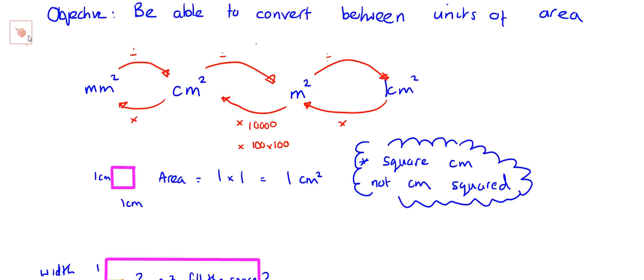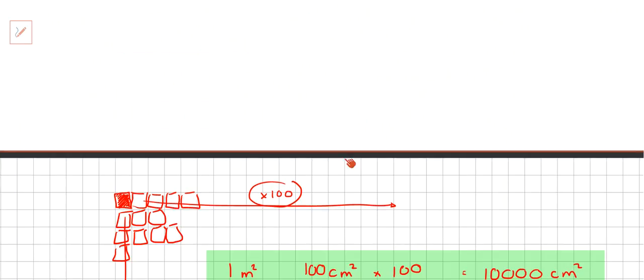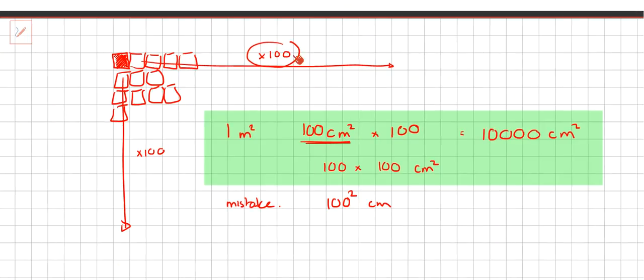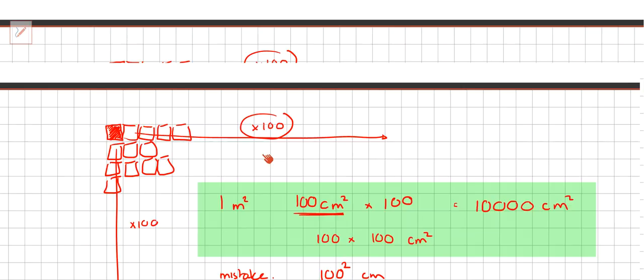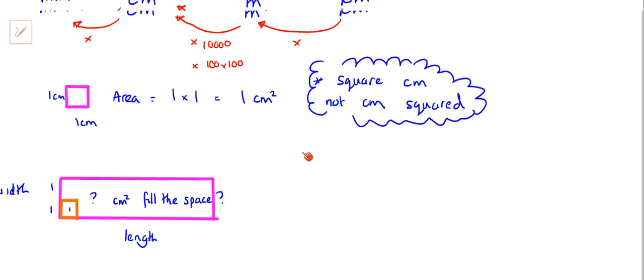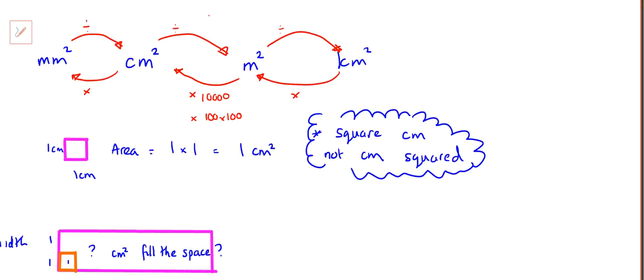Back to that diagram we did before. How many centimetres? 100 lots of 100. So to break it down a bit, what you then end up with is this. What's another way of writing 100 lots of 100? 100 squared.